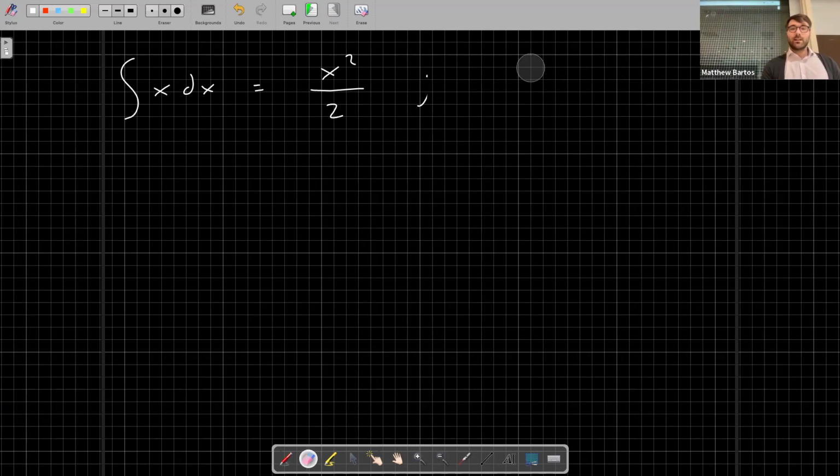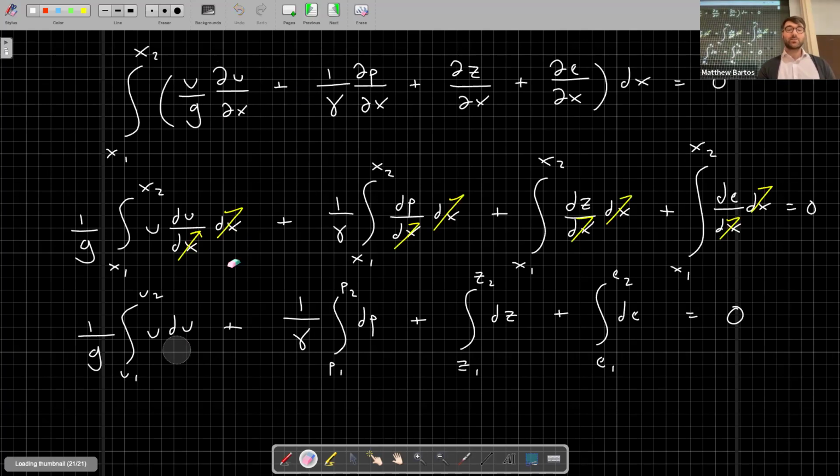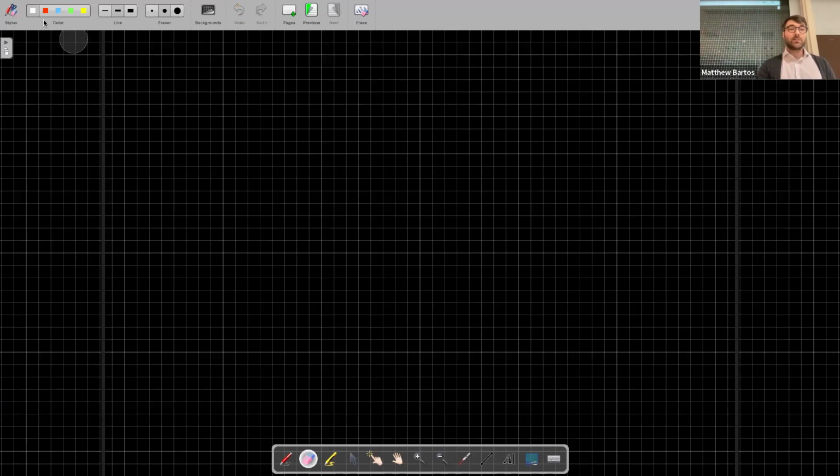So let's go ahead and write out these indefinite integrals for each term. If we integrate u du, this becomes 1 over g times u squared over 2, evaluated from u1 to u2.